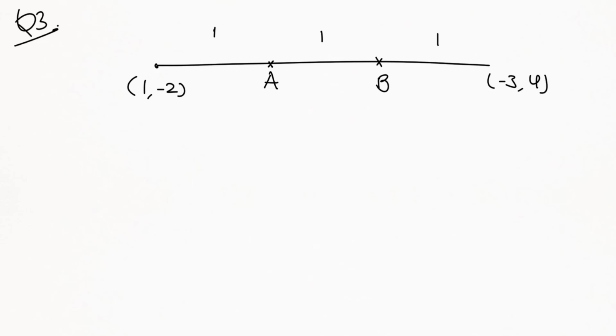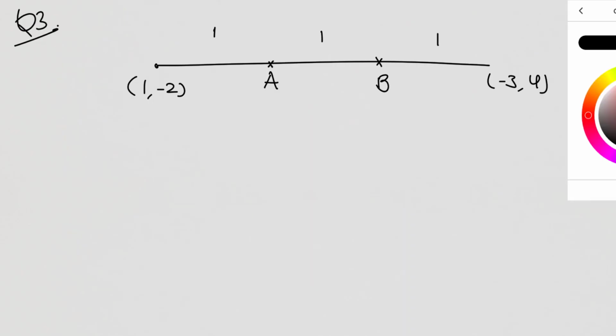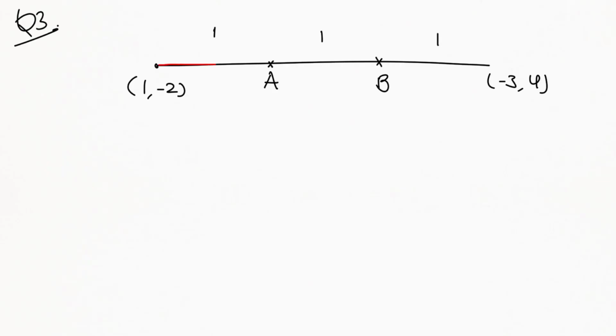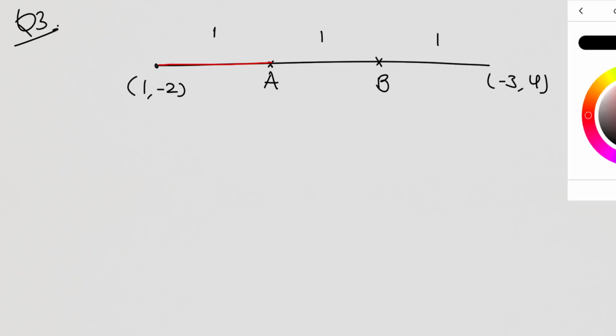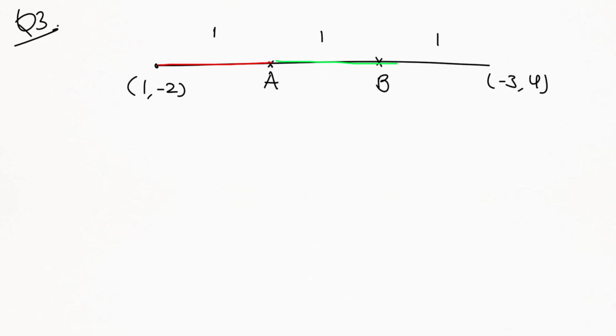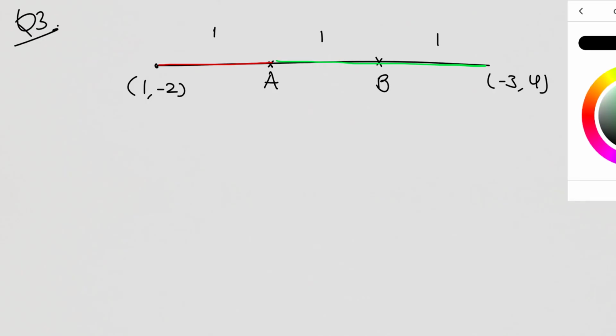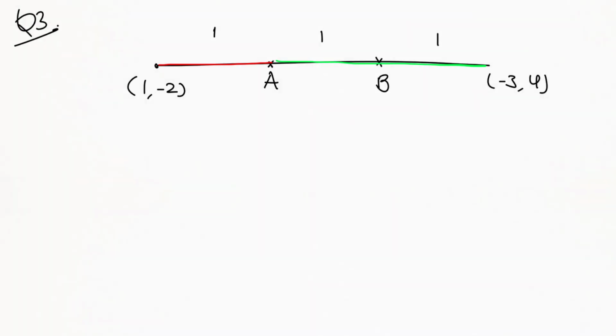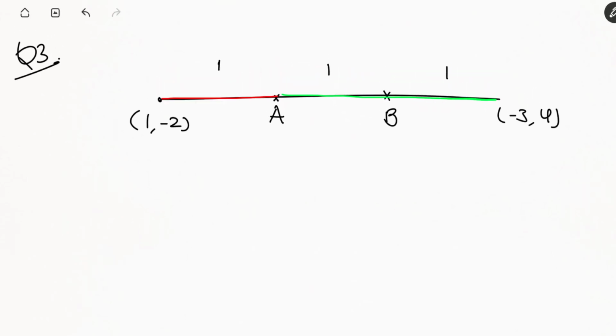But if you see the ratio of this over this, how much is it? 1:2. So this turned out to be a problem of this point A dividing internally in 1:2 ratio.